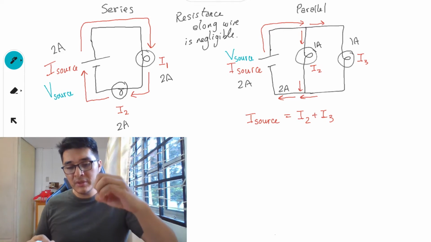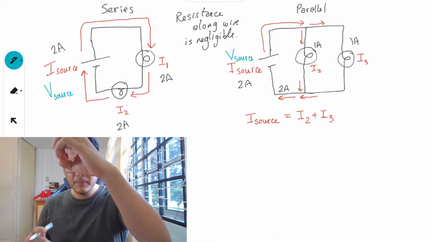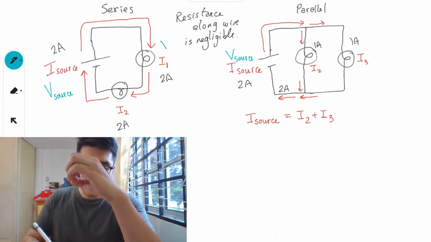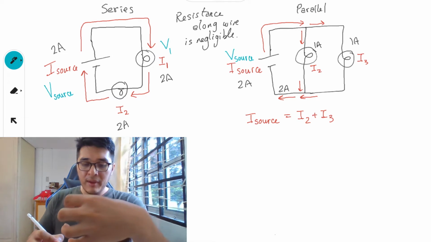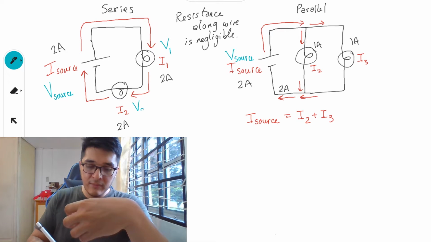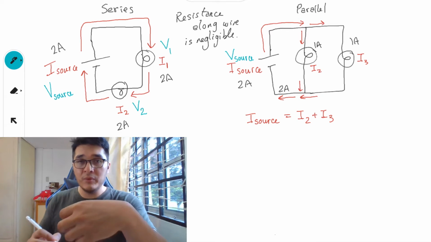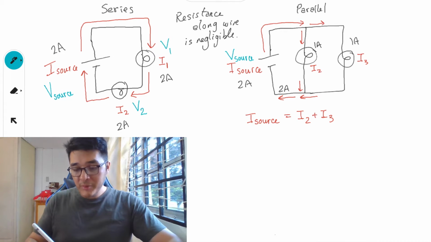We have one charge moving along the wire, and at the first resistor it drops off some voltage drop. Now it has less, and at the second resistor it releases the rest of the voltage. So that's why we said the sum equals the source. All the voltage gain equals the sum of the voltage dropped.